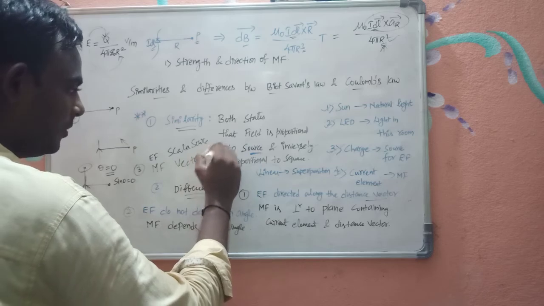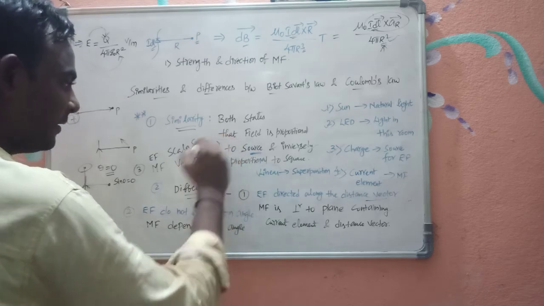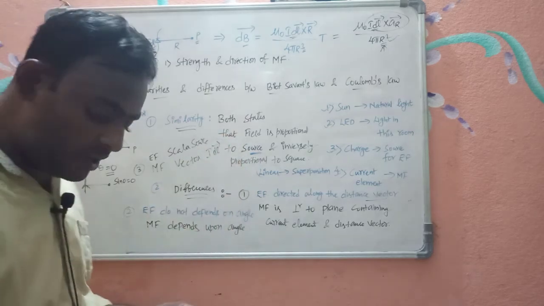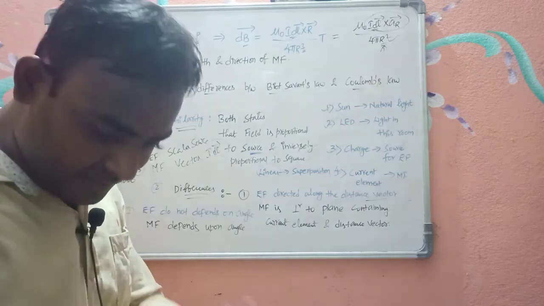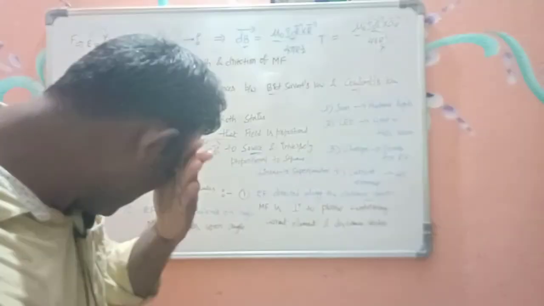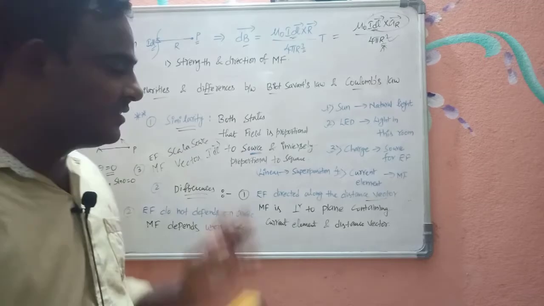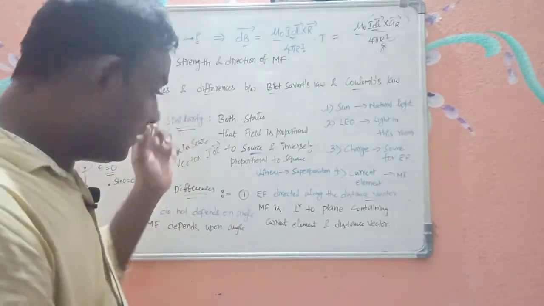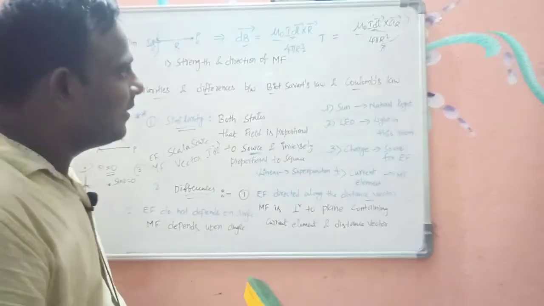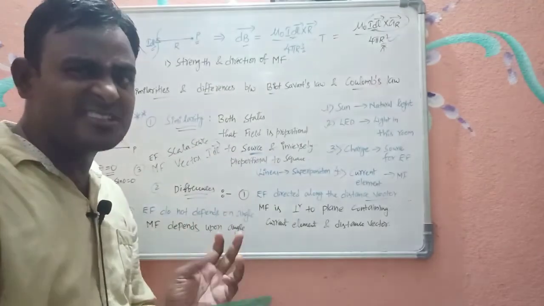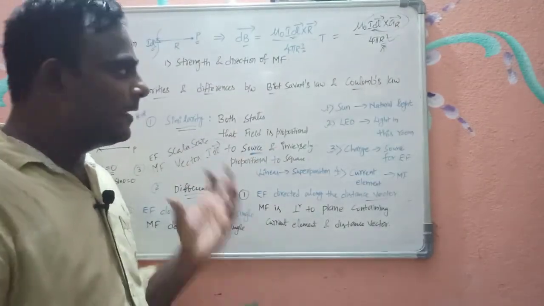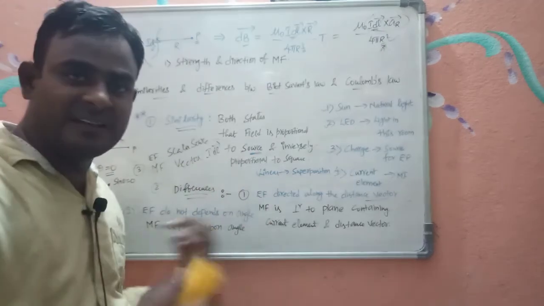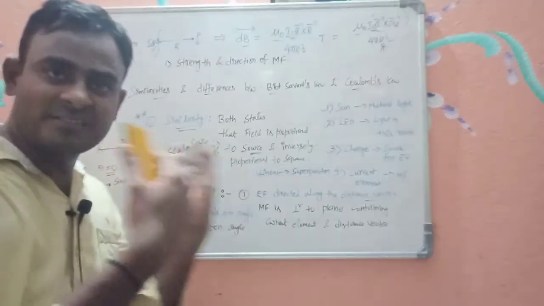You need to know the current element, because in order to know the magnetic field direction, you should know in which direction the current is flowing. Based upon the direction of current, you will have the magnetic field. This is not the case with the electric field. So this is a small study on Biot-Savart's law and the basic differences between Biot-Savart's law and Coulomb's law.